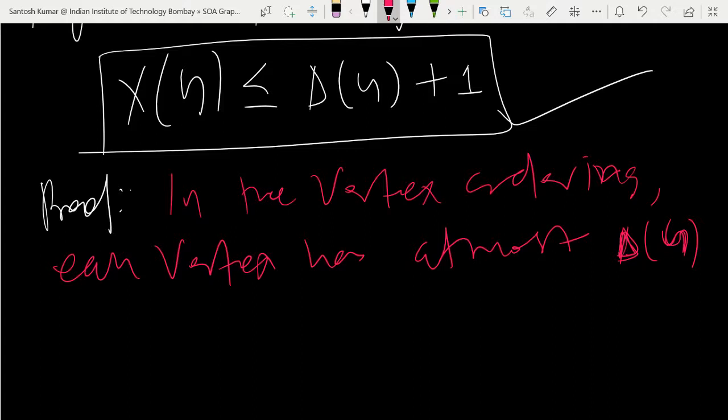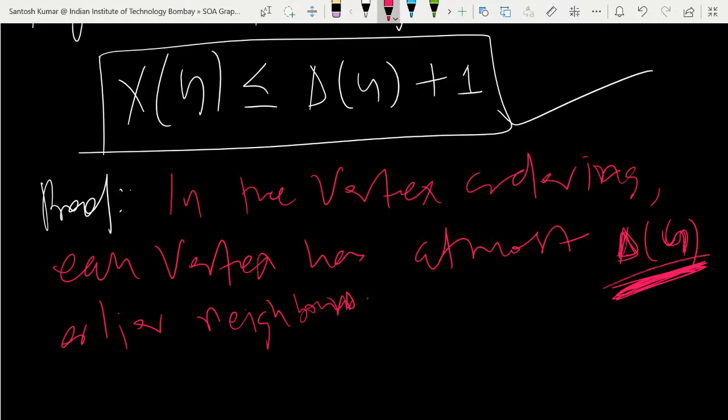So in vertex coloring, each vertex has at most delta G earlier neighbors. Neighbors are the adjacent vertices, so you cannot have more than this.